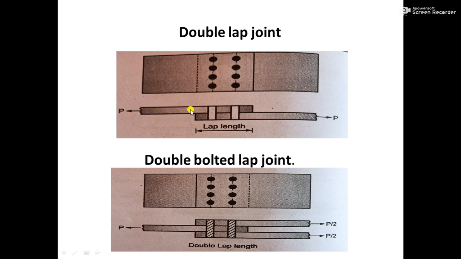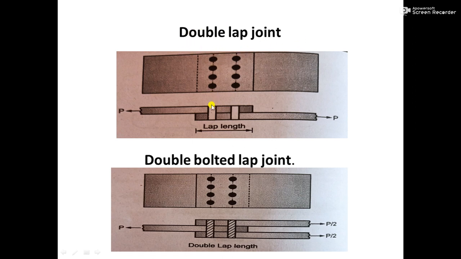When these plates are placed one over each other and then bolting is provided, such type of connection is known as double lap joint. That is, these two plates are overlapped on each other and then bolted connections are provided.